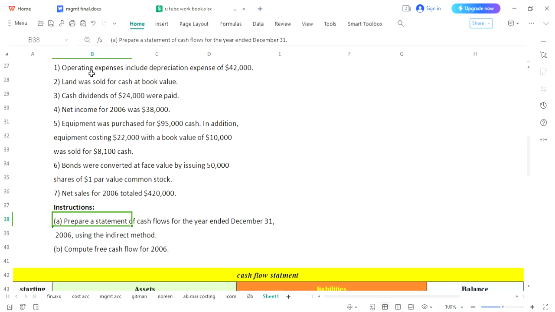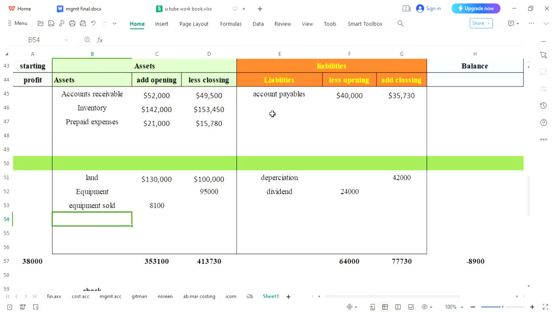Look, it is very important to understand, as you know that depreciation is a non-cash expense. We are adding it in cash. Look at here, add. We are adding 42,000 of depreciation. Why? Because due to depreciation, your net profit has been decreased, while depreciation is not something which has been paid physically.